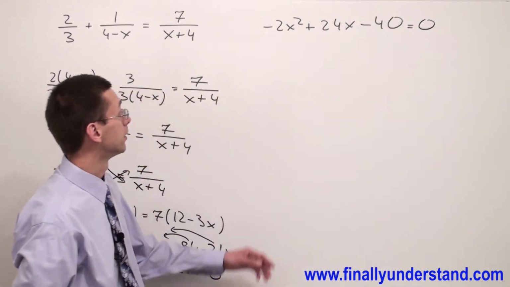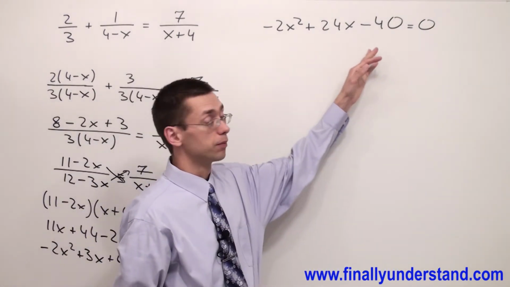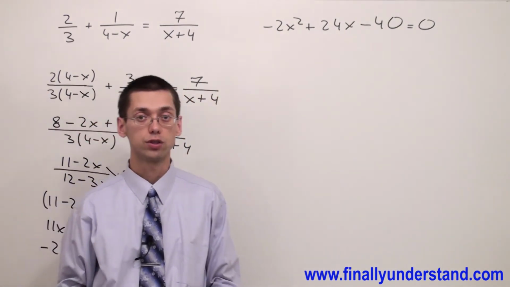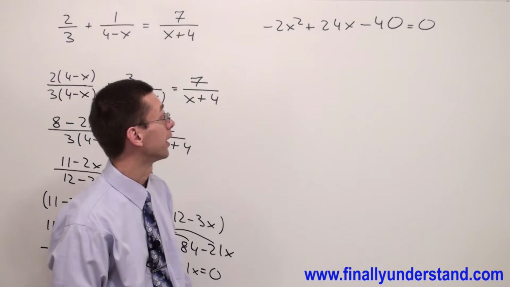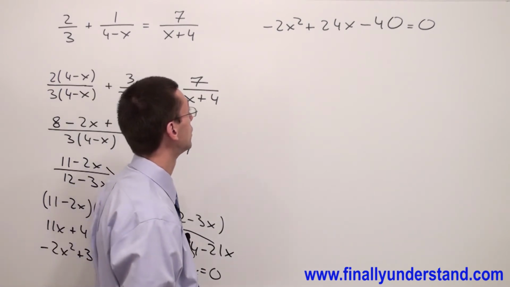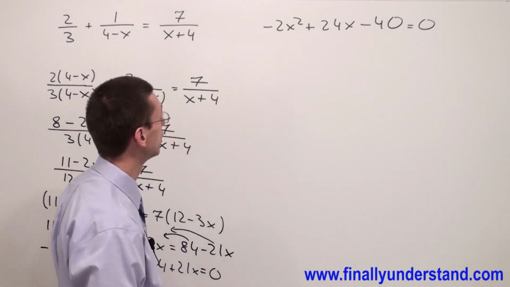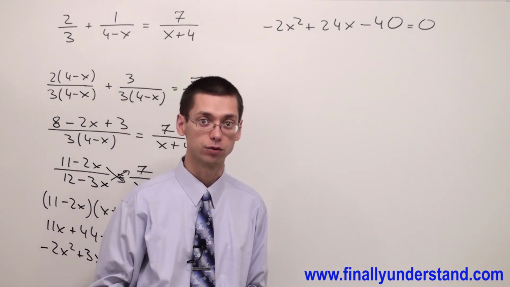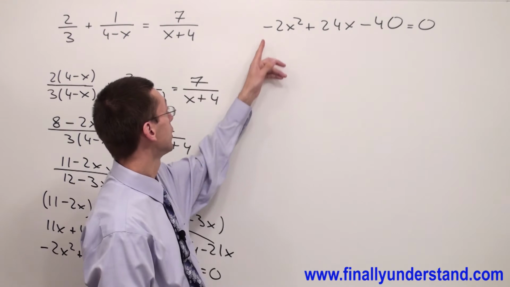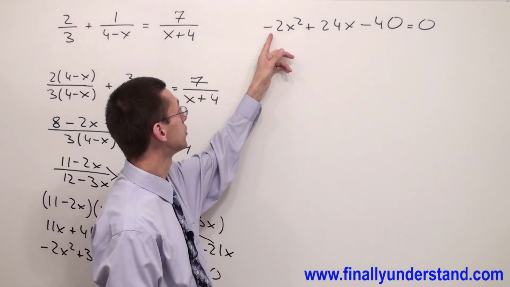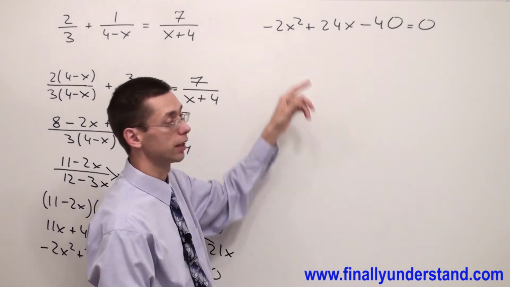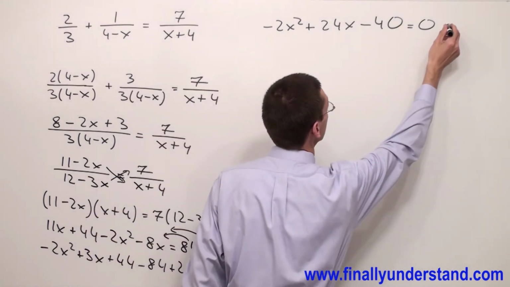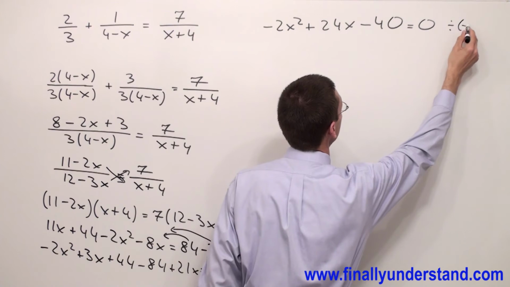Please notice that every term in my equation has a coefficient which is divisible by 2. That's why I'm going to divide every single term of this equation by negative 2. Why? Because I want to eliminate this negative sign which is next to x squared. So I divide both sides of the equation by negative 2.